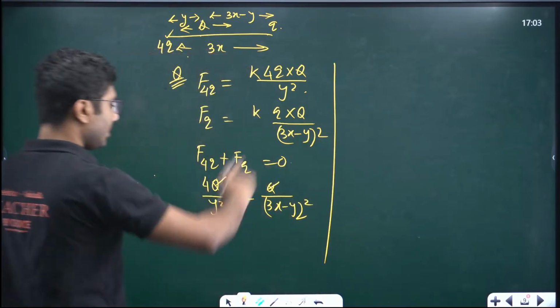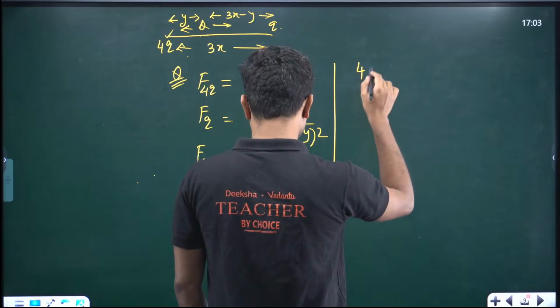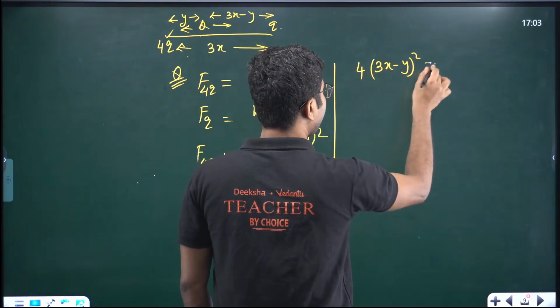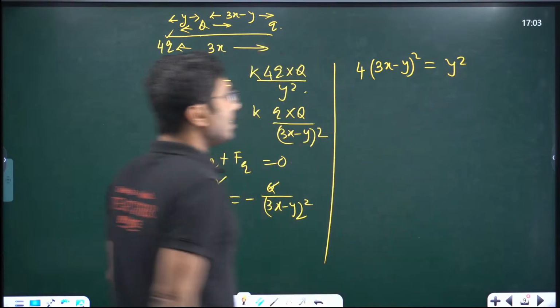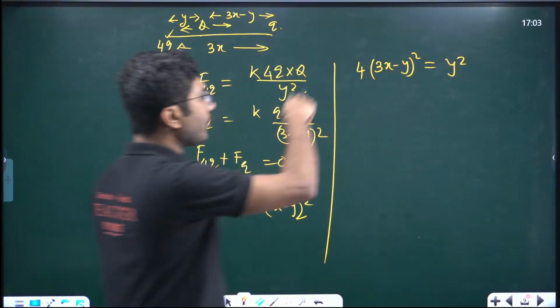Now we cross multiply. 4 into 3x minus y whole square equals y square. Right? Now we will take square root on both sides.